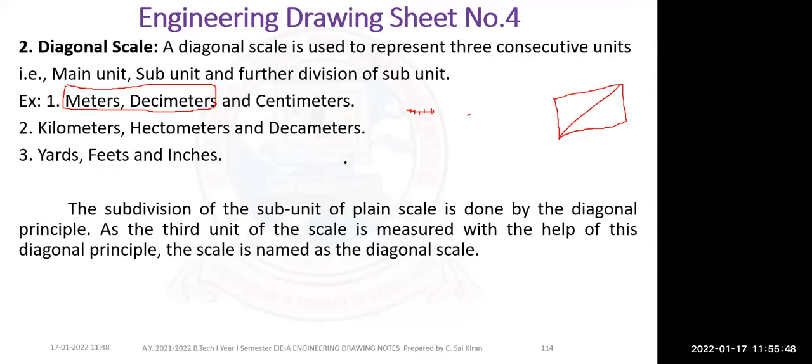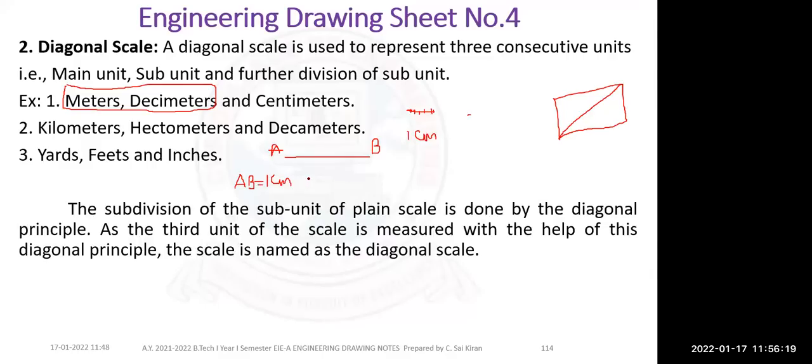Suppose this is 1 centimeter. Can anyone tell me where exactly half a centimeter is? This is point A and point B. AB distance equals 1 centimeter.